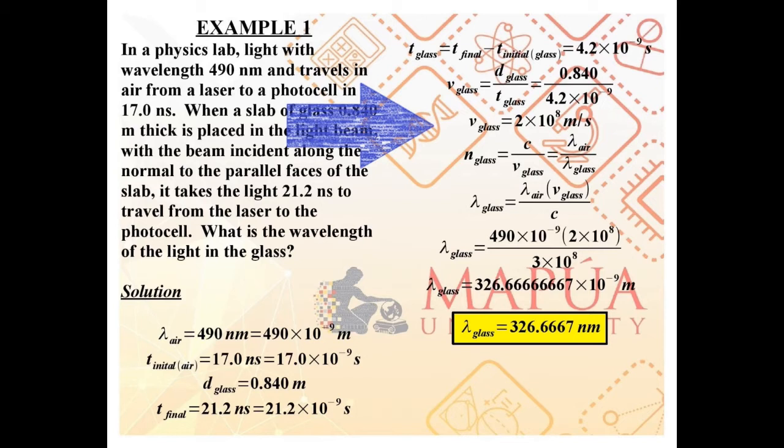So N glass may also be written as lambda air divided by lambda glass. The only unknown is lambda glass, and we are able to calculate lambda glass, the wavelength of light in the slab of glass, to be 326.6667 nanometers.